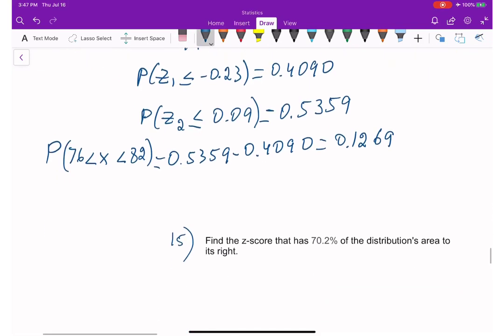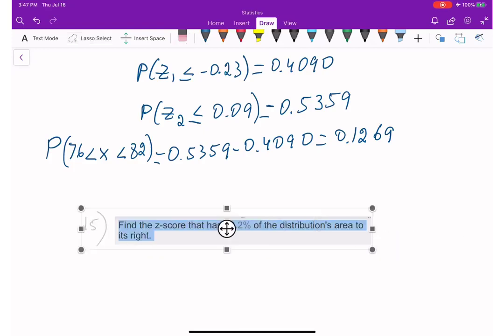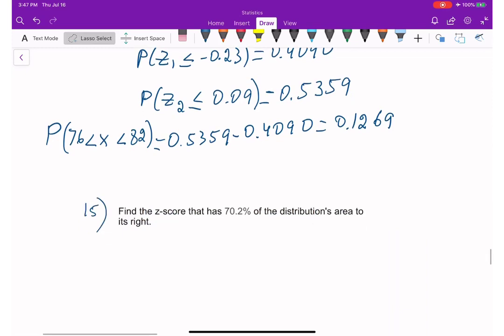Question number 15. Find the z-score that has 70.2% of the distribution's area to its right.